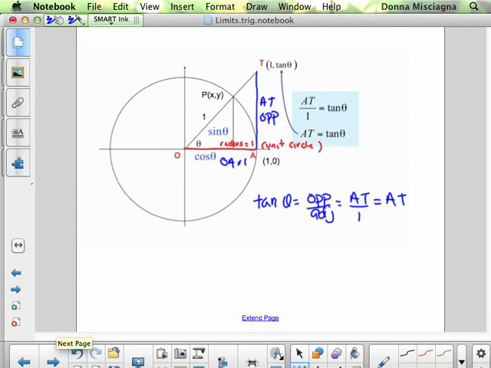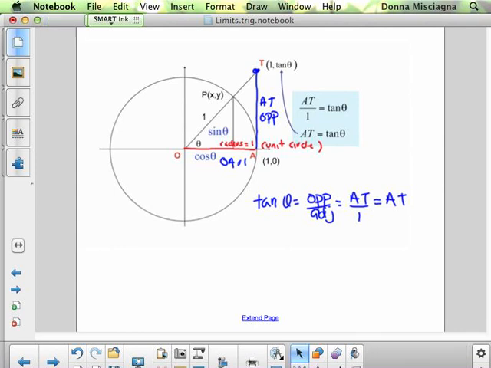So if AT is tangent theta, then this point T here is the x-coordinate is 1, right? Because from O to A is 1. And then from A to T is tangent theta, because opposite over adjacent is tangent, and AT over 1 is AT, which is tangent.